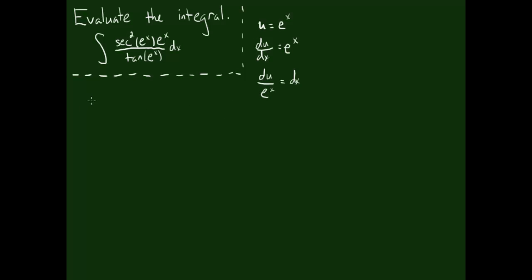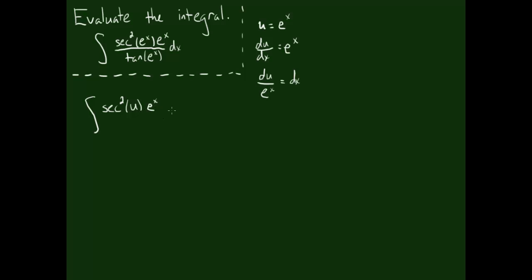Let's go ahead and figure out how that impacts the integral. So this is going to be a secant squared of, and instead of e to the x, we're going to replace this with u. This e to the x that's attached to the secant squared, we could either leave it as e to the x or replace it with u. I'm going to leave it as e to the x, and I'm going to count on the fact that the e to the x beneath my du is going to take care of it. So this is just going to stay as e to the x right here.